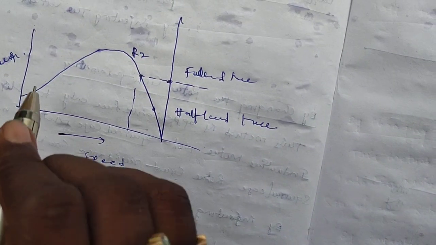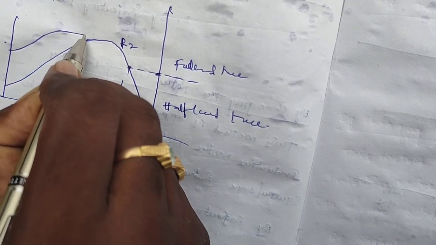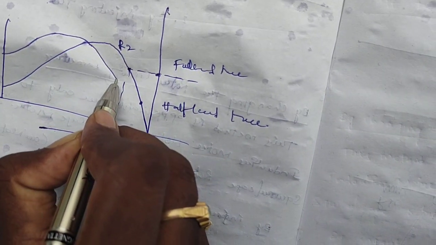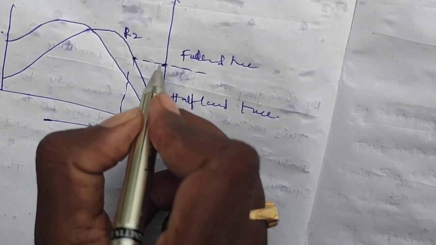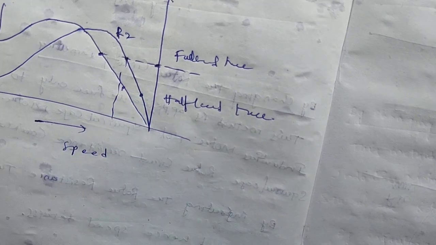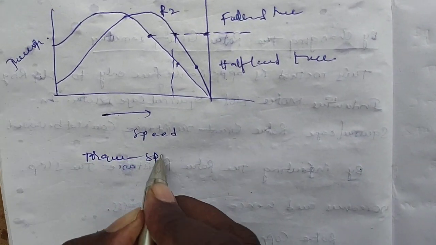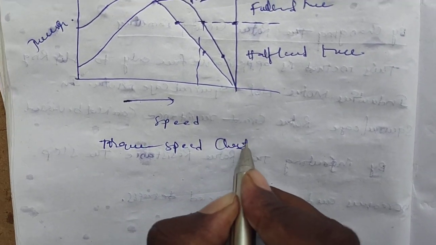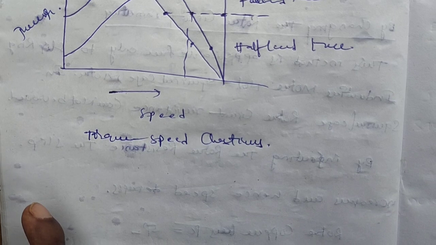The speed has to be changed by adding extra resistance. This is the full load, this is the half load. This is the torque slip, or torque speed, characteristics. This is about the rotor circuit resistance method.